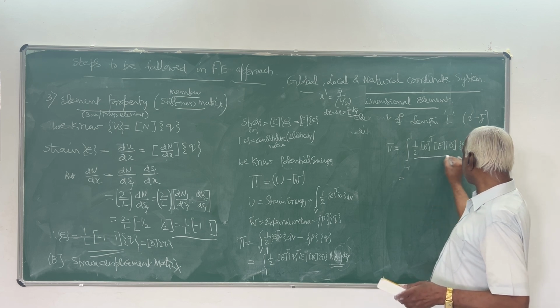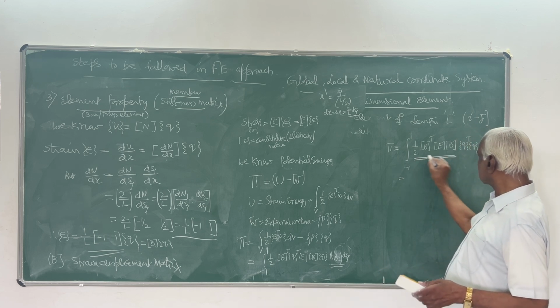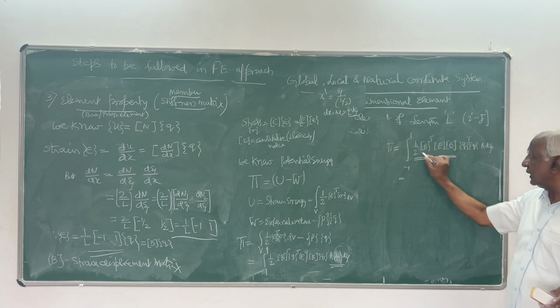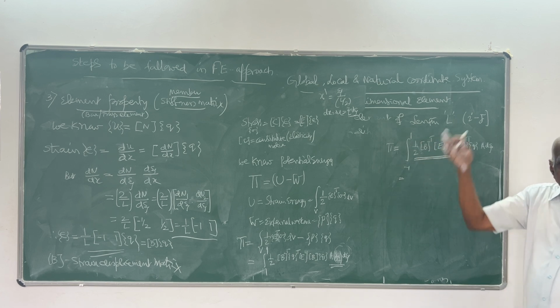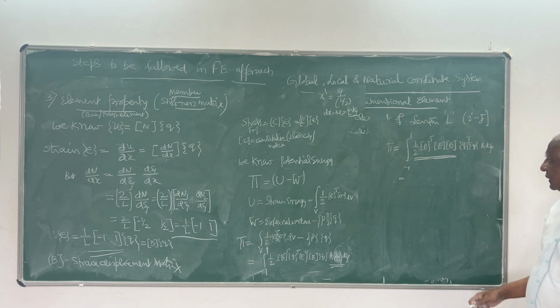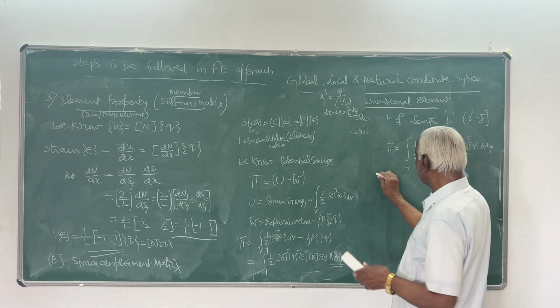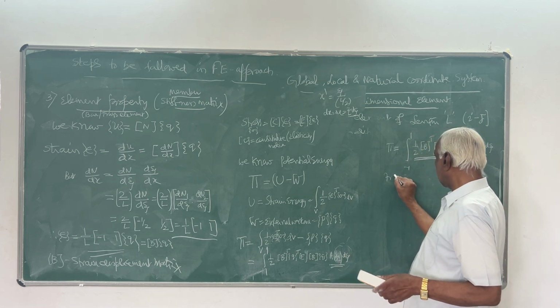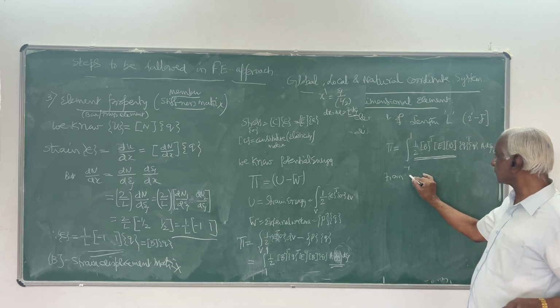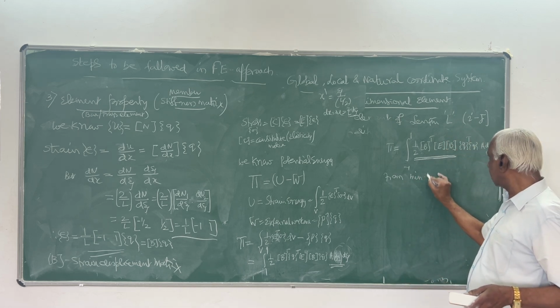Or with this you can remember, this is my stiffness, integral B transpose E B, the general stiffness equation. Now I will apply minimum potential energy.